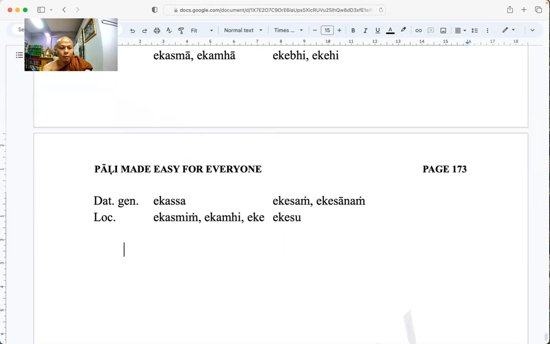For neuter, the nominative case and accusative case are different.